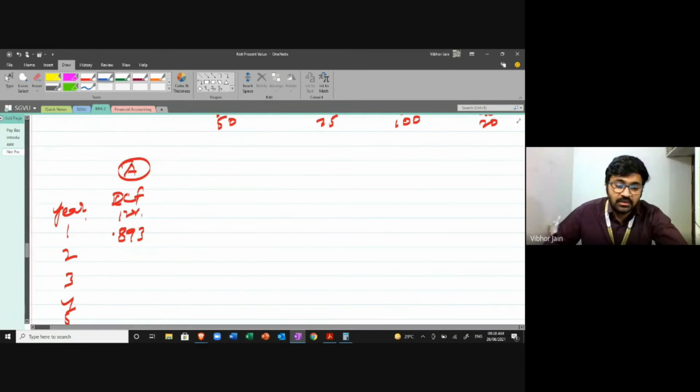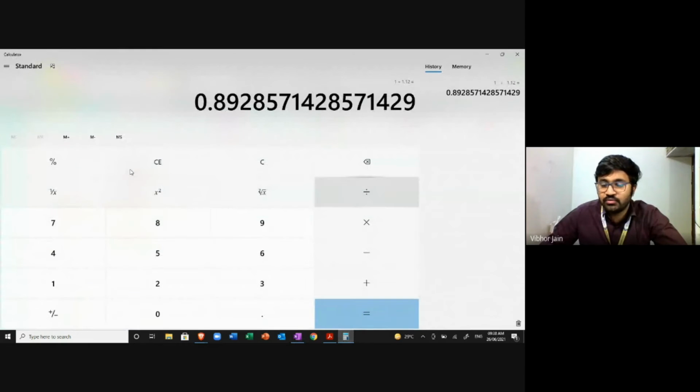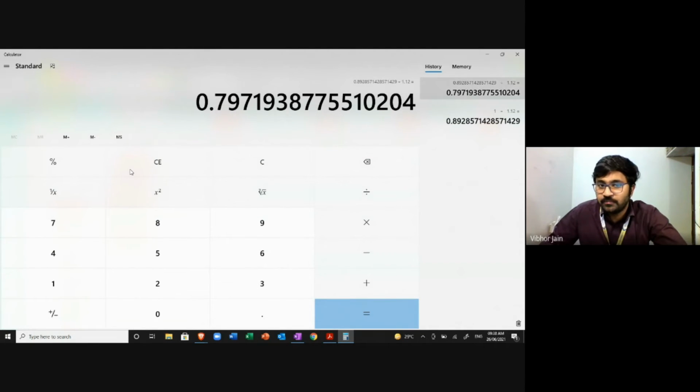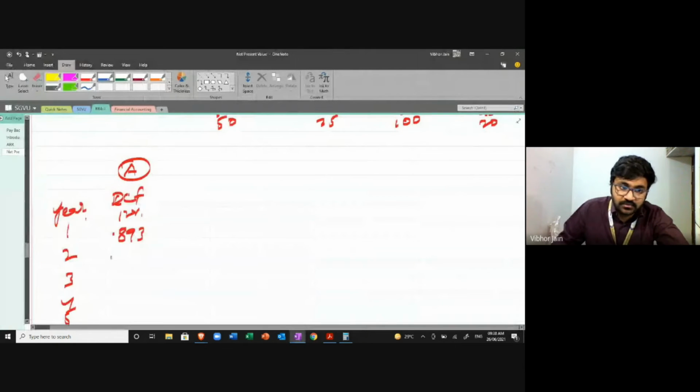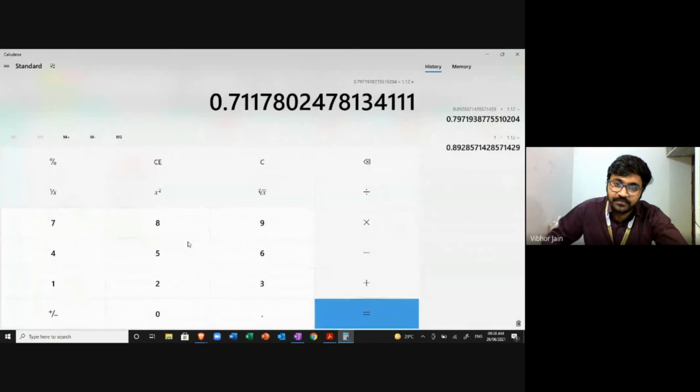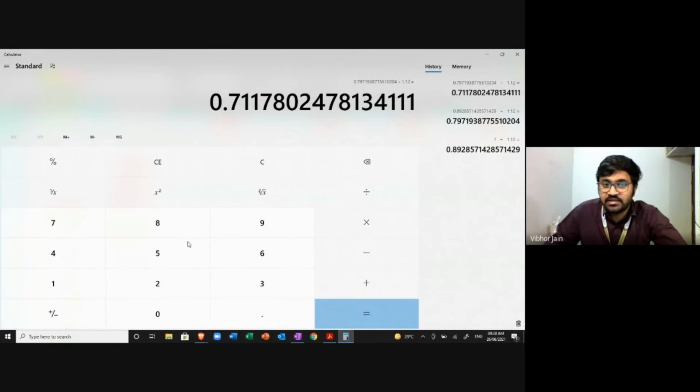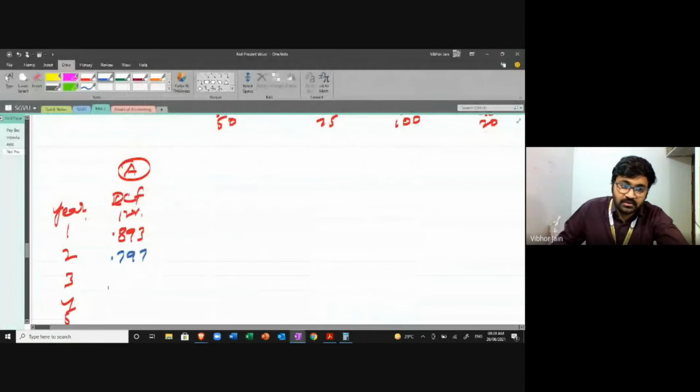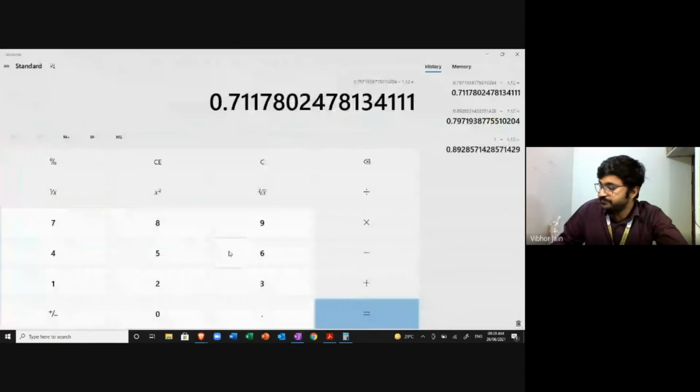If you have a pen and paper, you can solve with me. Then I'll press equal to for year 2. It is 0.797. For the third year, it is 0.7117, so I'll round it off to 0.712.